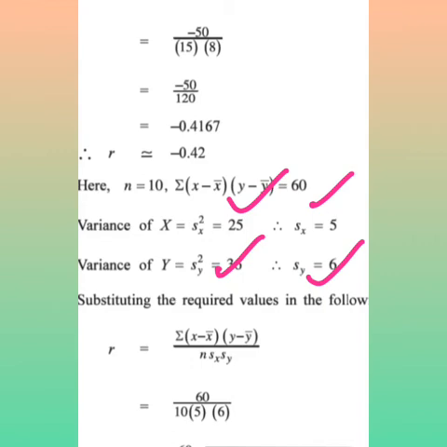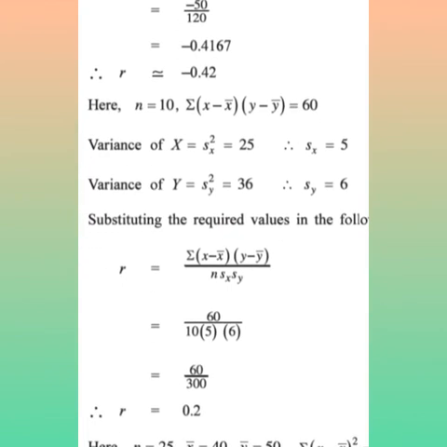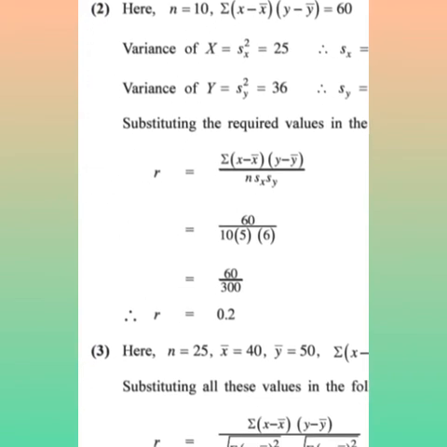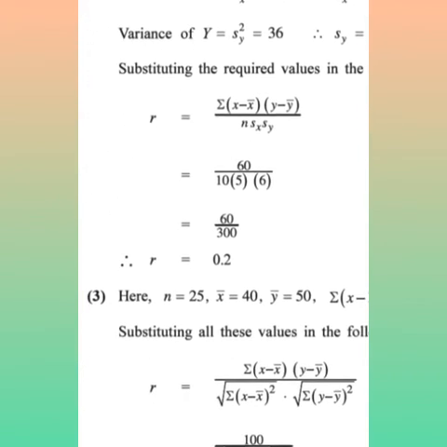This is the formula that we are going to use: sigma x minus x bar into y minus y bar whole upon n sx into sy. Put all the values over here and get the answer. The answer for r is 0.2. That is your second sum.